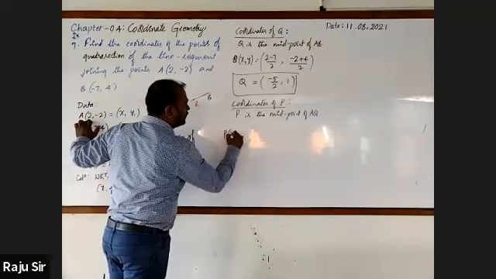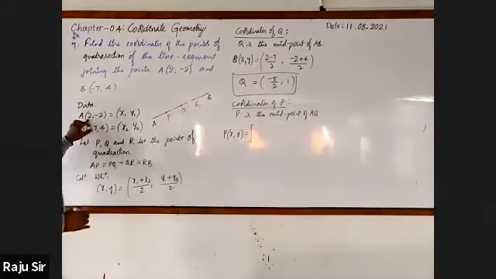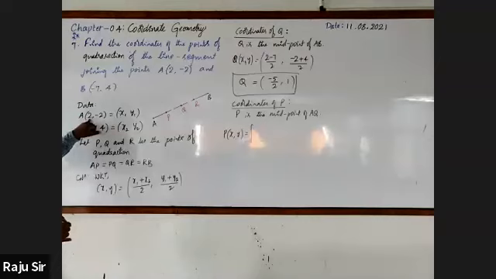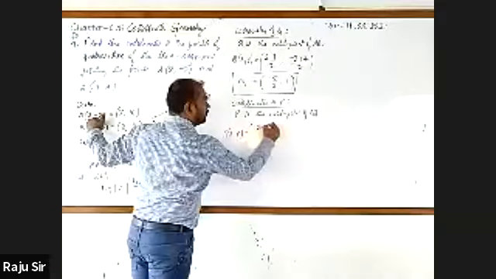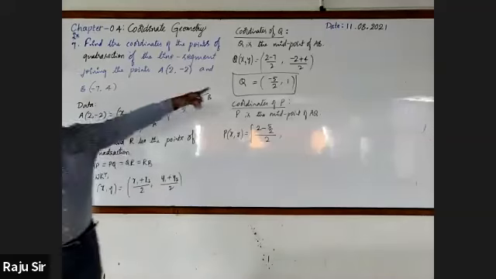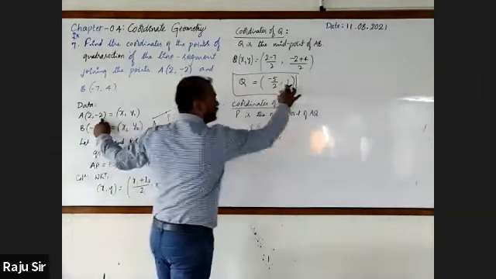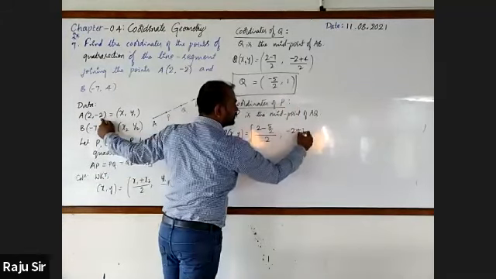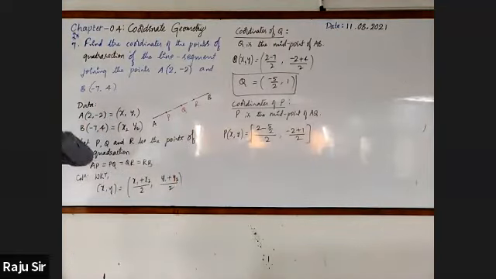P of (x, y) is equal to x1 plus x2 by 2: 2 plus minus 5 by 2, divided by 2. Next, y1 plus y2. Here y1 is minus 2, y2 is plus 1. Minus 2 plus 1 by 2. Are you writing? If you are not understanding, please tell me.